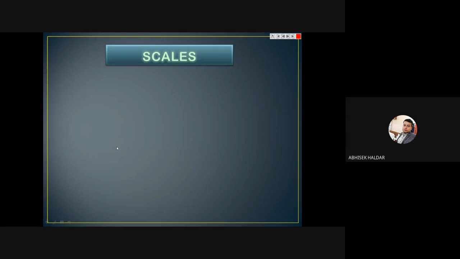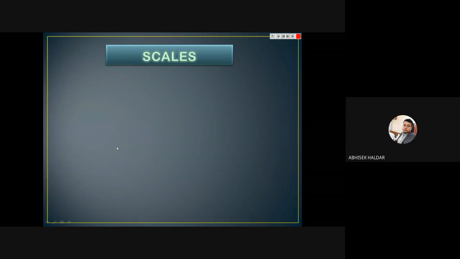Now, when I am drawing, if I am reducing by a particular ratio, that ratio is called a scale ratio. So with a particular ratio, I am reducing all the dimensions, or with a particular ratio, I am increasing all the dimensions. That is the practical importance of any scale, or this concept of scale.